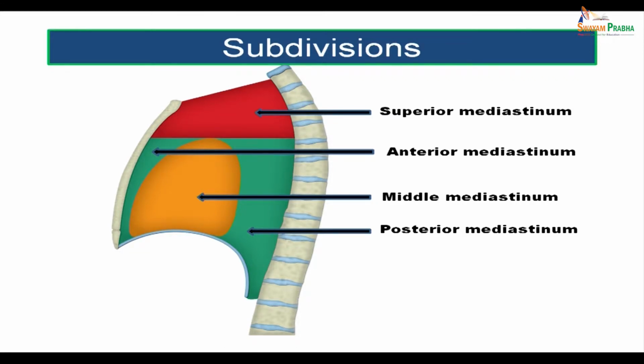So, the inferior mediastinum has got three subdivisions: an anterior in front of pericardium, middle within pericardium, and posterior which is behind the pericardium.